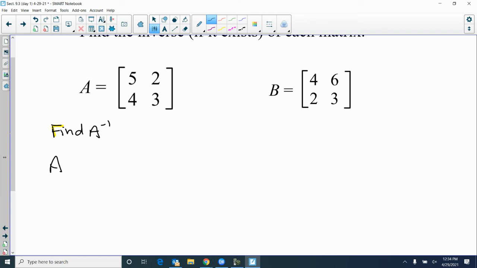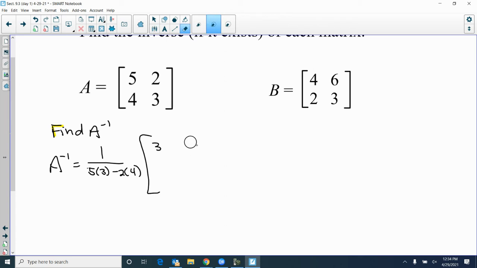So A inverse equals 1 over AD, which is 5 times 3, minus BC, which is 2 times 4. And then we switch the 3 and the 5, and then negate the 2 other ones. And we just want to simplify it a little bit.